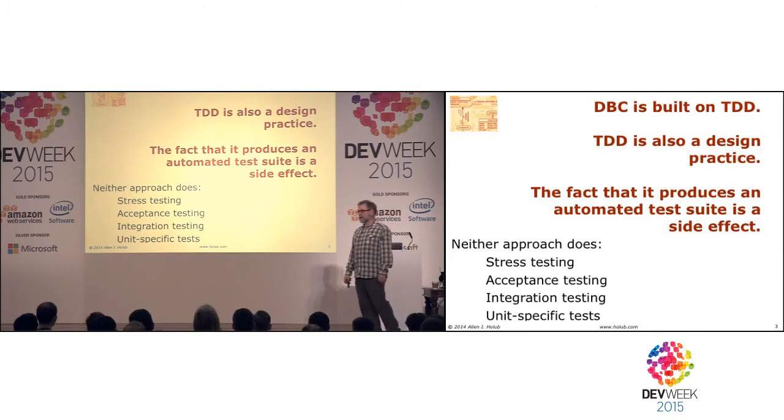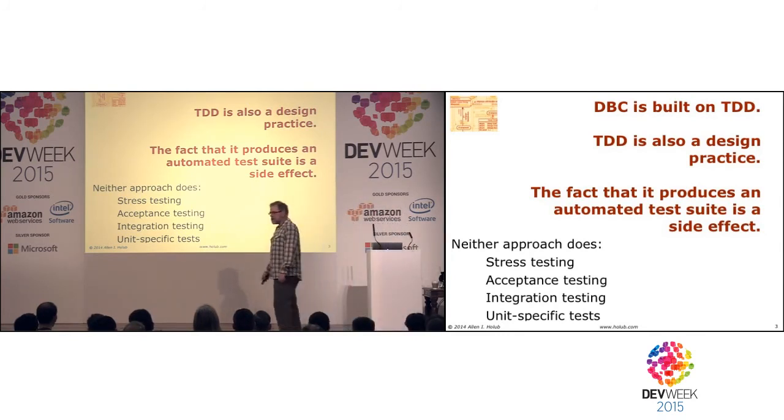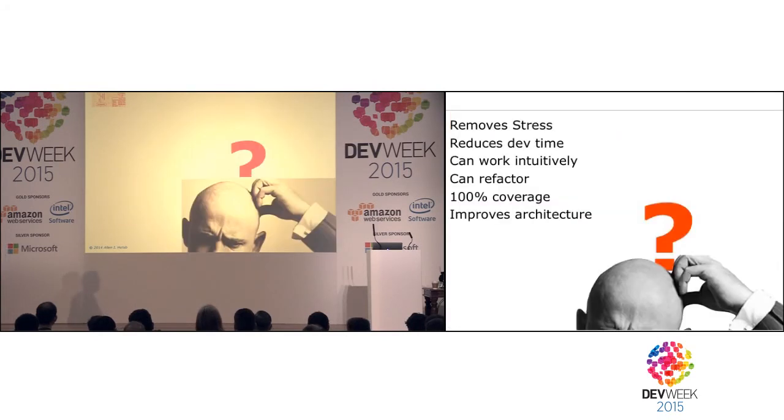So any kind of tests that come out of any kind of TDD-based process are going to be incomplete by their very nature. Because the point of the exercise is to develop good code, not to develop tests. The fact that we get a bunch of nice tests, well, that's nice, but it's really a side effect of the process. It's not something that we're aiming for.